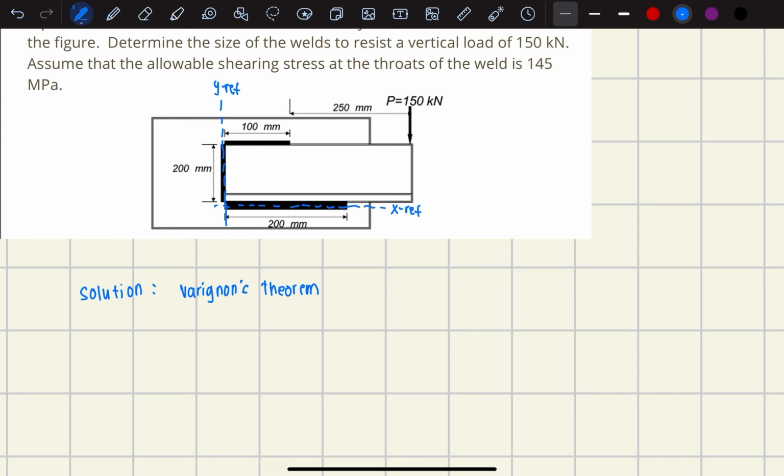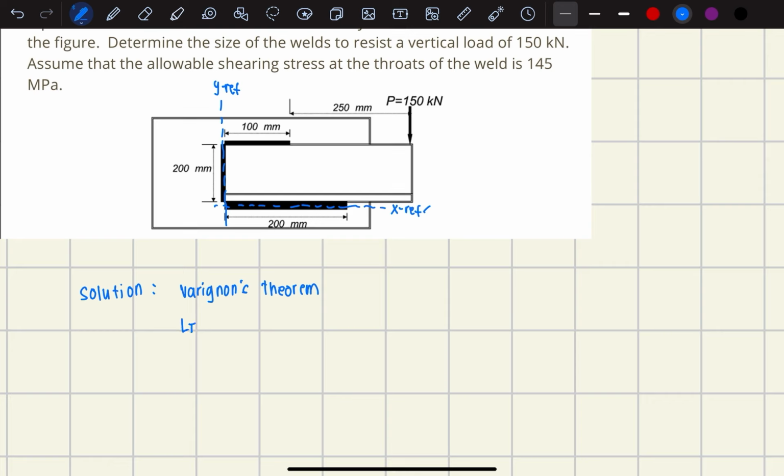Yan, unahin natin i-solve yung Y bar na naka-reference dito sa X. So, using the Varignon's theorem, instead na area yung gagamitin nyo is mga length.